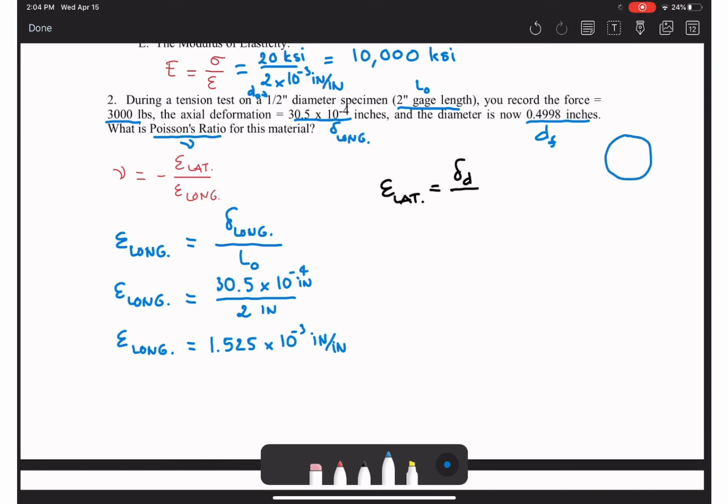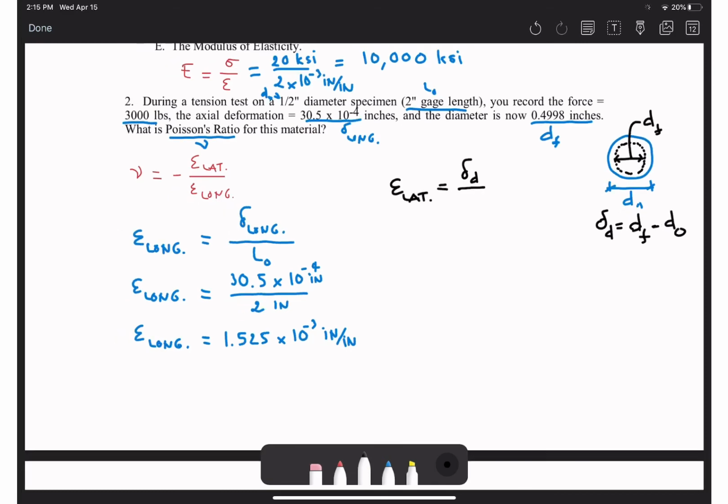As you can see that is d naught, and then if it elongates, the diameter will have a contraction here, and that becomes d final, and the change between those two, the delta d for the diameter, basically equals the final minus d0.